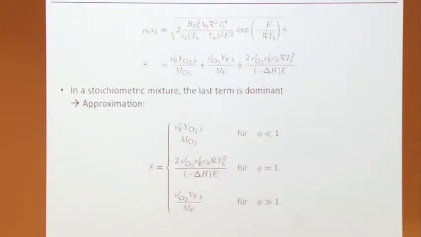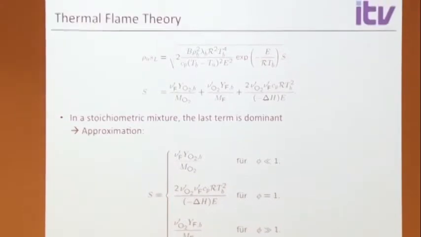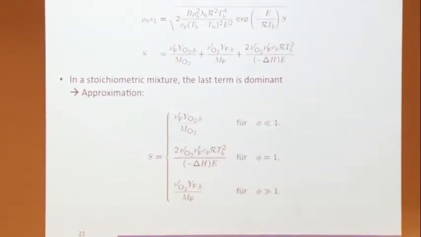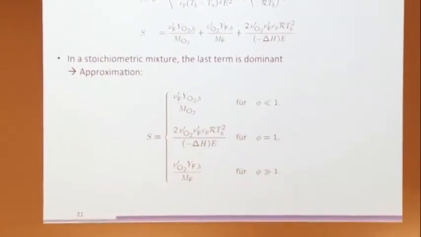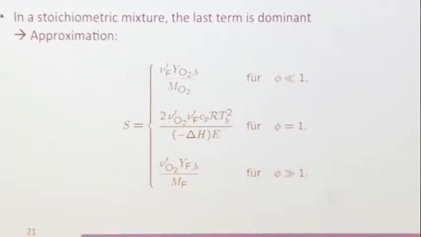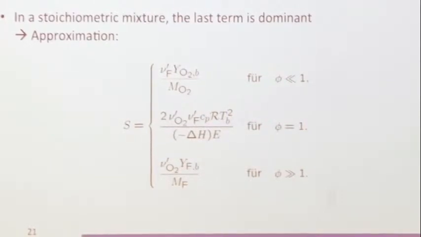Okay? So we can approximate this like this, where we say this is the burning velocity, and then the S term here for very small equivalence ratio, it should just be this. For very large equivalence ratio, it should just depend on the fuel. And for stoichiometric or around stoichiometric, it's just this term that matters. Okay?